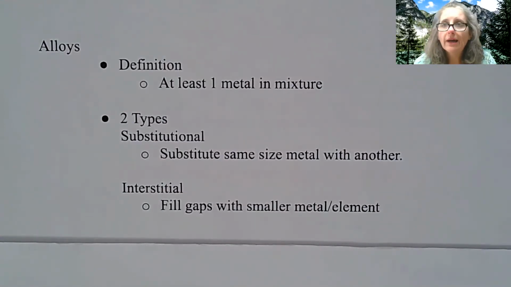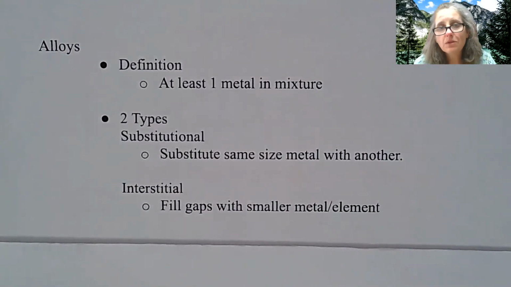There are quite a few alloys that you probably know in your everyday life. In terms of their structure, and again, not a big focus on this, there are two different kinds of alloys. One is called substitutional, where the metals are the same size, meaning they are close to each other, so they substitute for each other atom for atom when you mix them together.